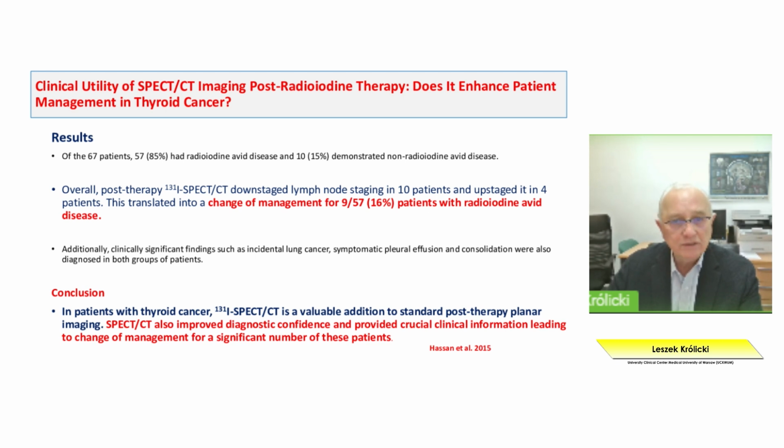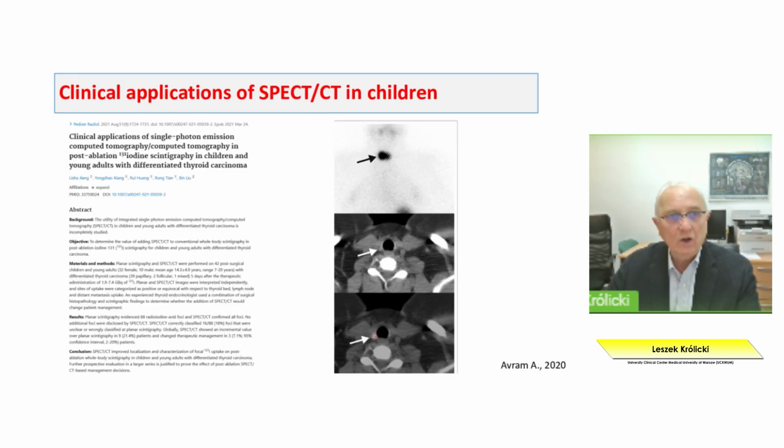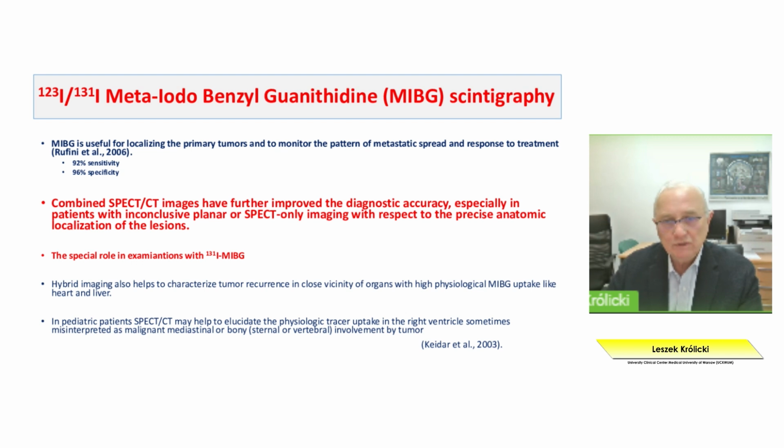So it shows that SPECT CT definitely increases the proper examination. SPECT CT is also used in case of children that suffer from the same cancer, and definitely the combination of SPECT CT gives us much better results.